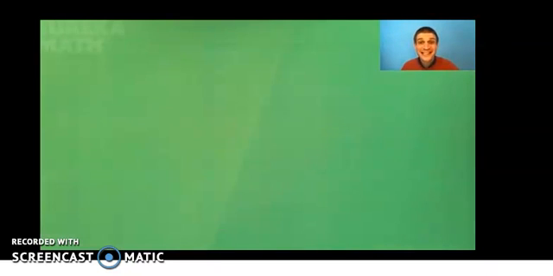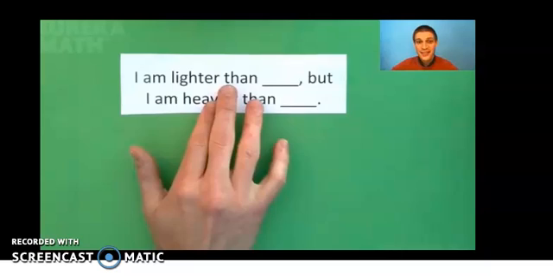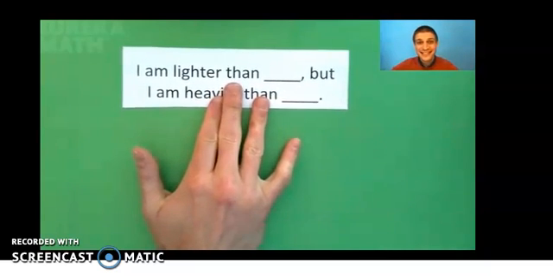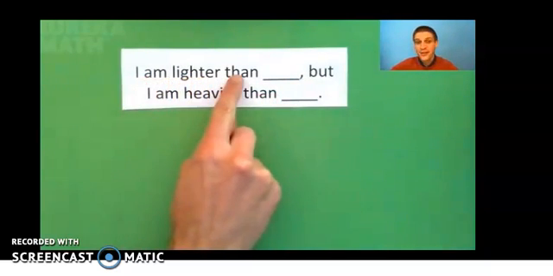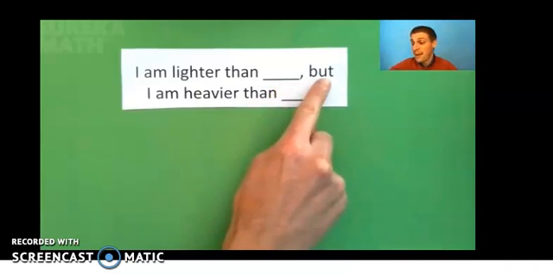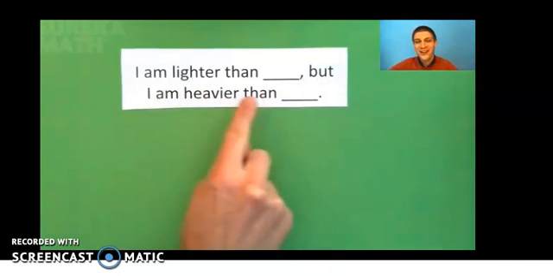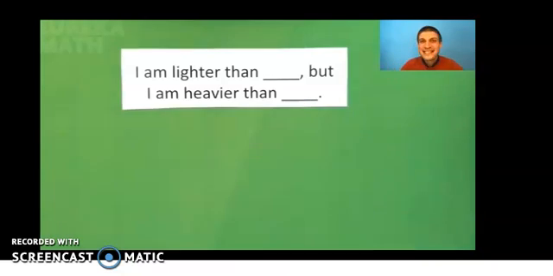Let's start today's lesson with the application problem. Ready? I'm going to put a sentence on the screen. This sentence says, I am lighter than blank, but I am heavier than blank. Take out a piece of paper and a pencil.